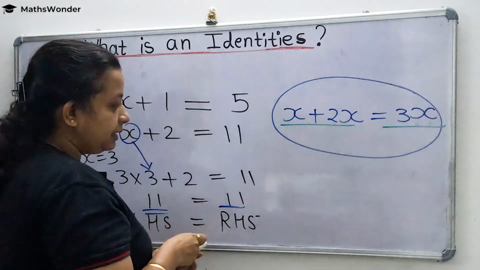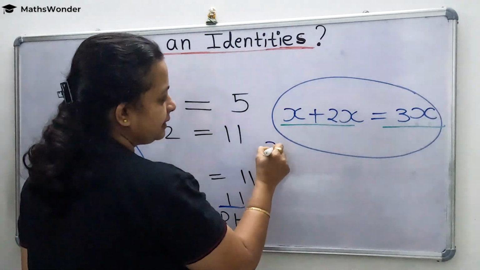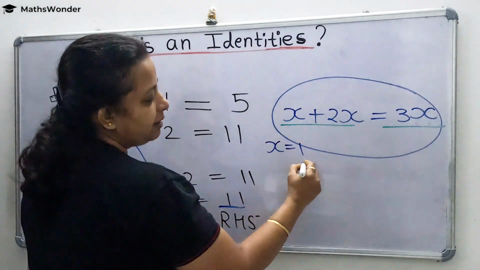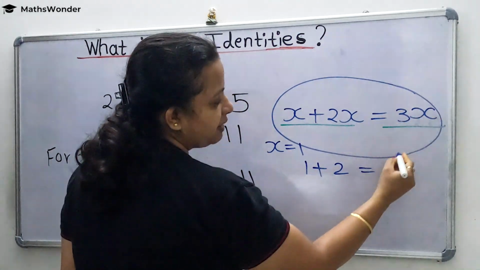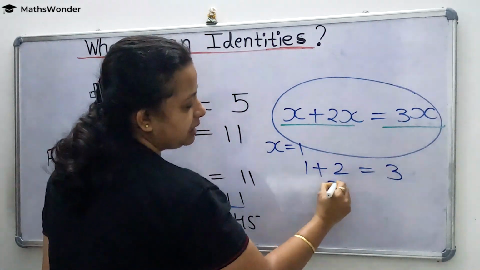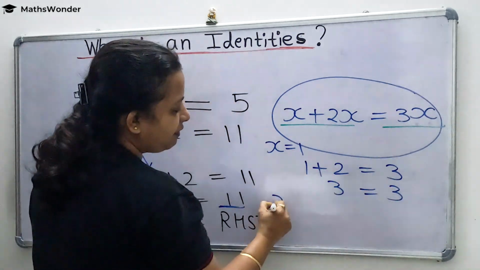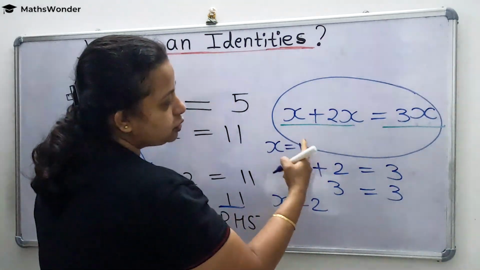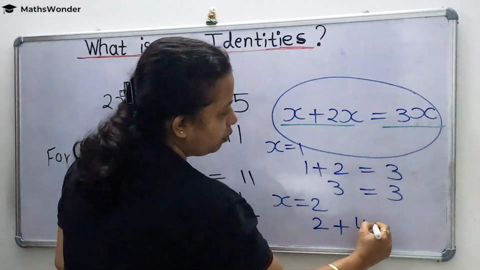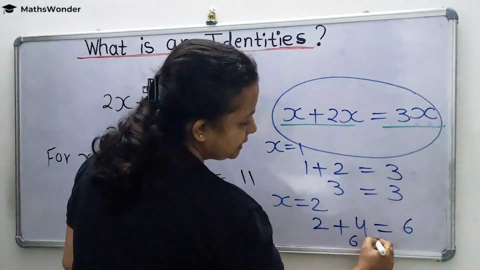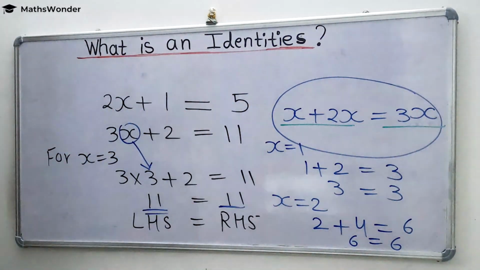For example, if I take x is 1, then 1 plus 2 is 3, and 3 times 1 is 3. So 3 is equal to 3. If I substitute x by 2, then 2 plus 4 is 6, and 6 is equal to 6. This is the difference.